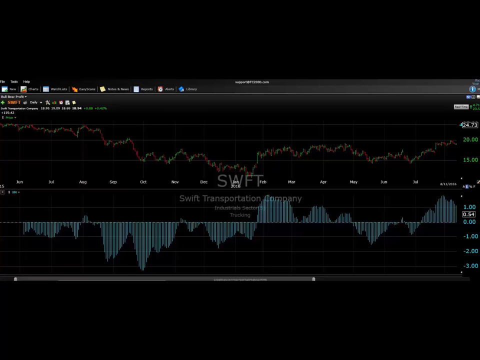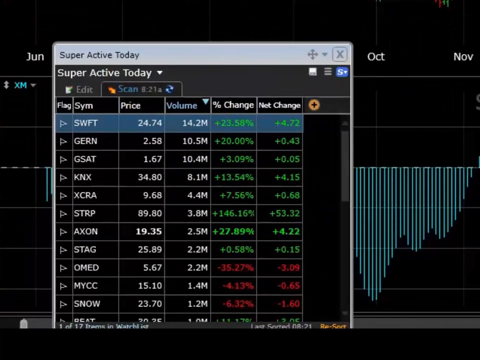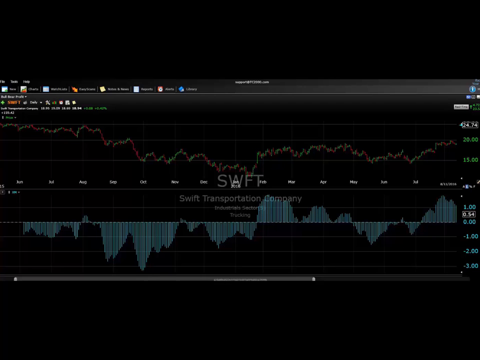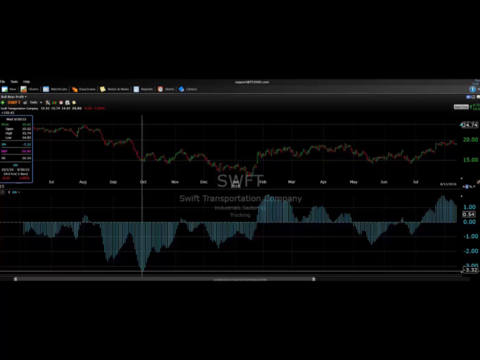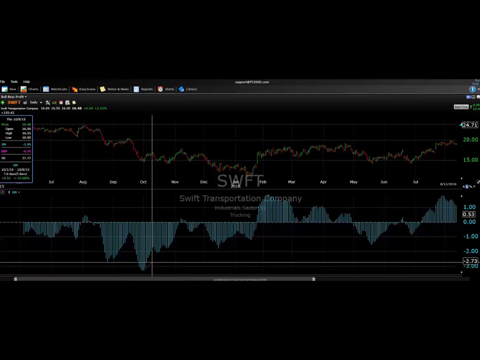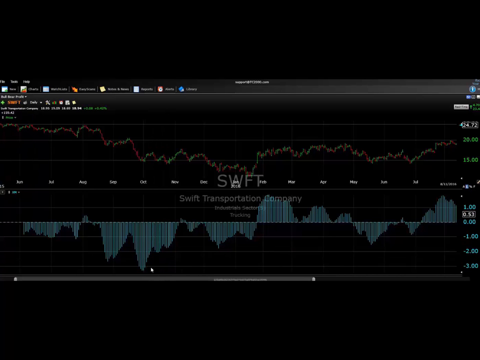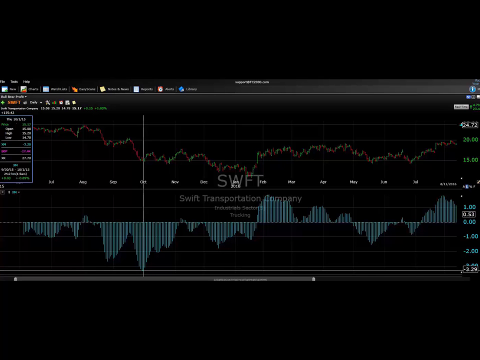Once again, you create your scan list here, or just pick it up from the pre-builts. Look for the most extreme conditions. This was the most extreme condition. And look for a divergence, and that's when to get in on this. This was what we call a bullish opportunity.